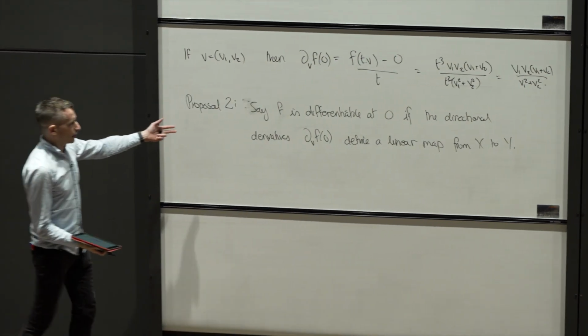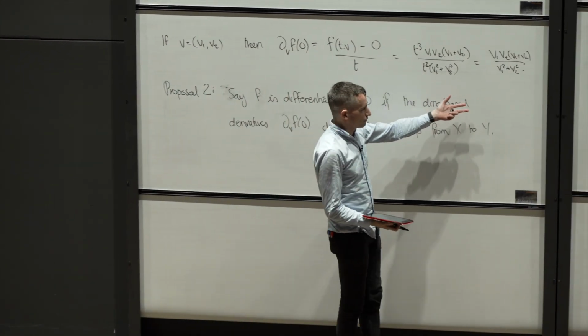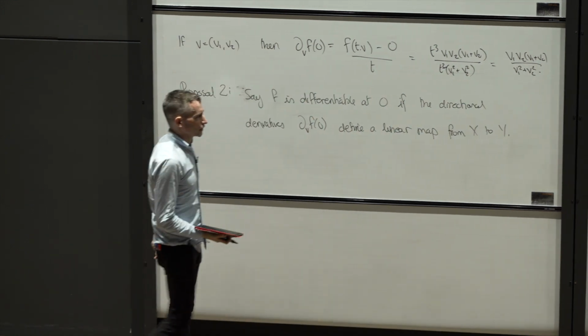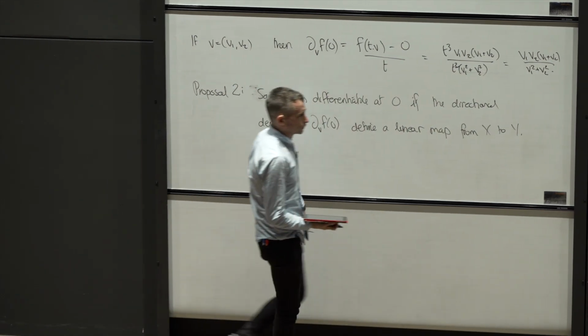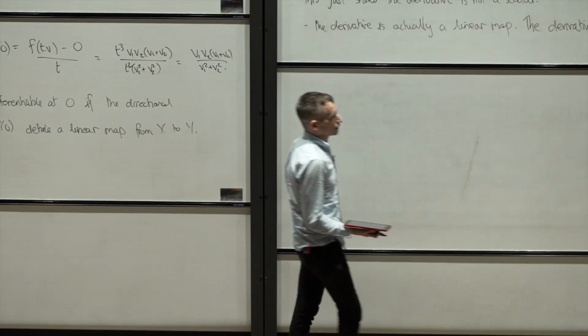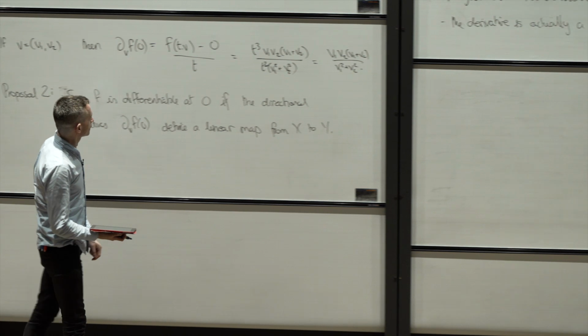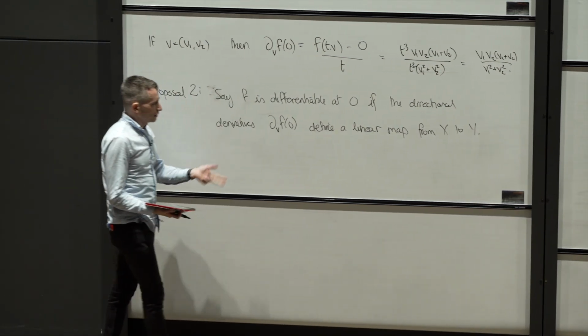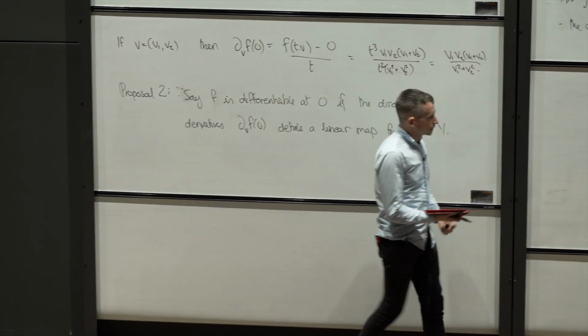So that seems better. That's saying, well, we kind of know what the infinitesimal approximation of the function should be. It should be the directional derivative, at least following sort of the intuition of the one variable case. And we want a linear map, so we just demand that we get a linear map.